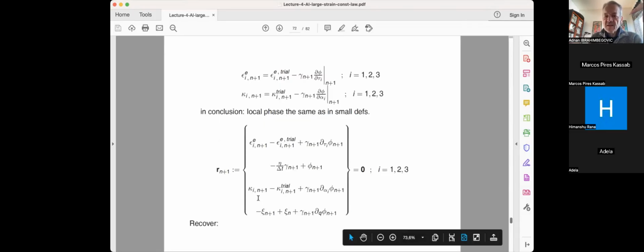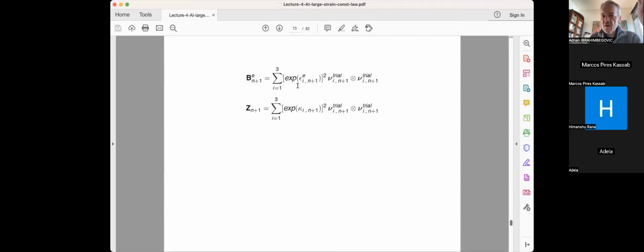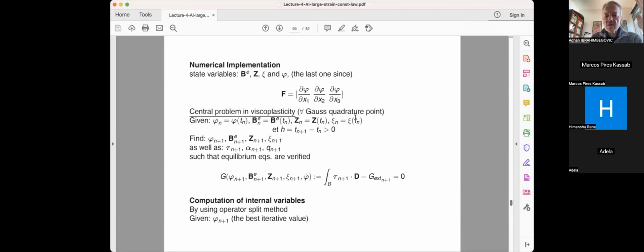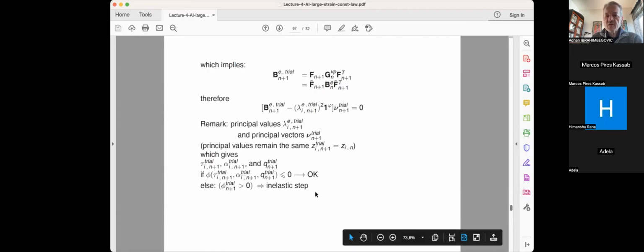And basically you now recover B^E at n plus 1 in the physical configuration that you have to store, which is the exponential of this times the trial value, the tensor product, and Z is exponential kappa times the N_I trial value, the tensor product, and you have done your computation. So you have done the full step. You have the values at n plus 1 of all the things that you've been looking for to store. And then once you converge, once equilibrium is verified, you go to the next step and so on and so forth.